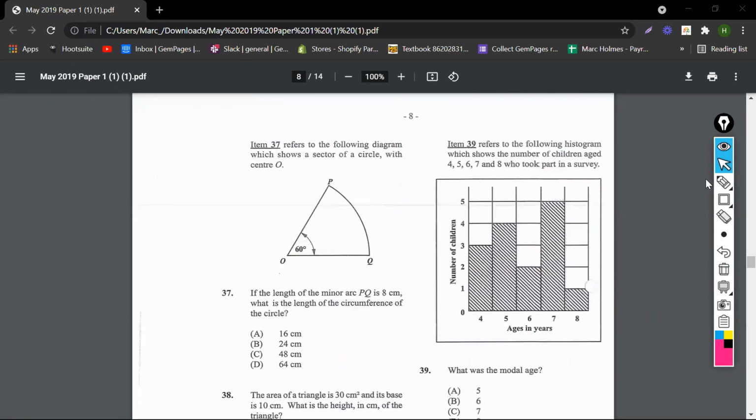And this one now, guys, it says here, 37 shows a diagram. So part of a circle, P to Q, is here. And it says, if the length of the minor arc P to Q, which is right there, is 8 centimeters, what is the length of the circumference of the circle? So guys, remember that 60 degrees would definitely represent 1/6 of the circle.